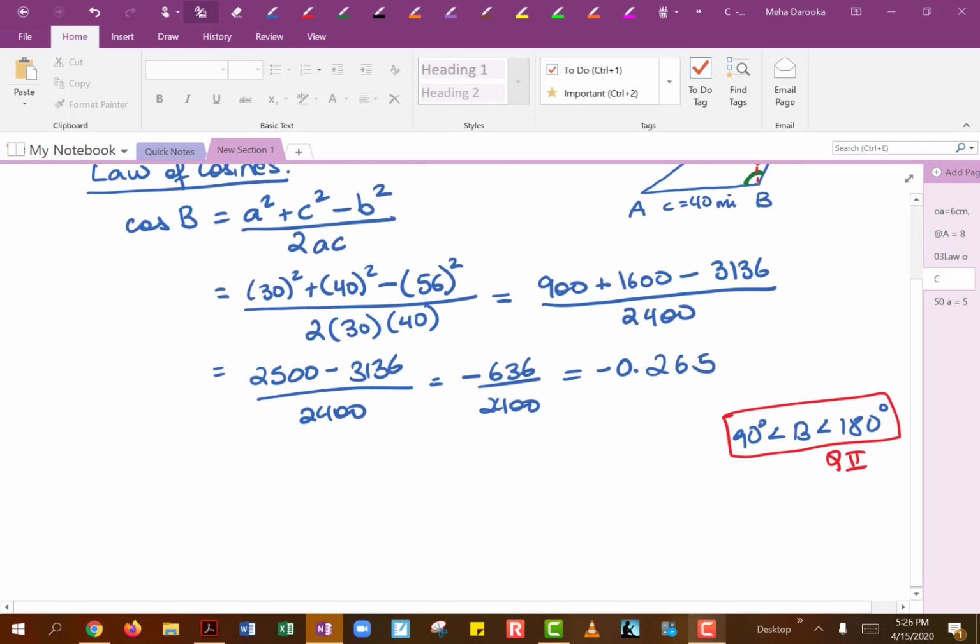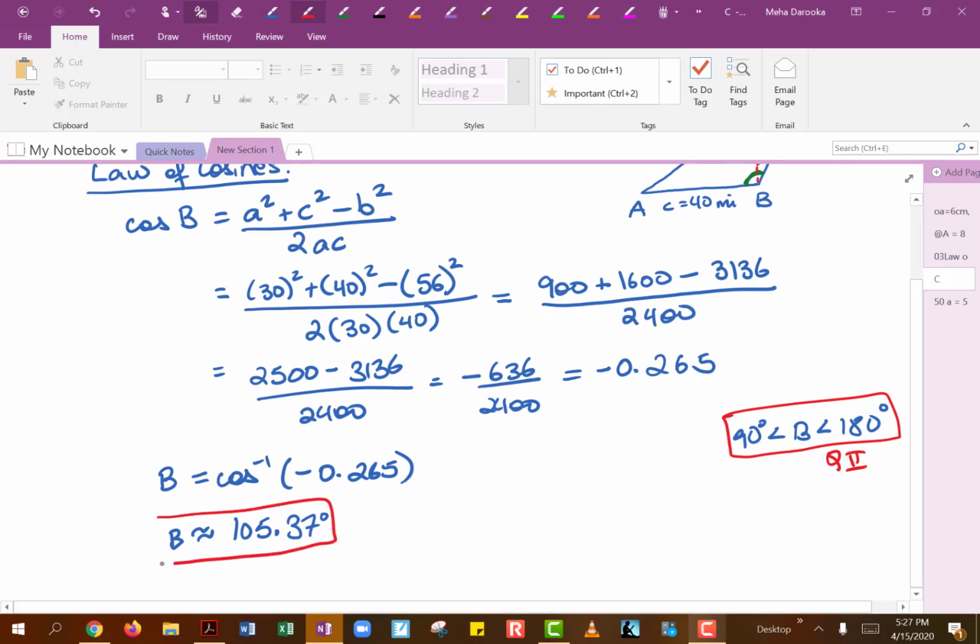Let's see what that comes out to be. Angle B will be cosine inverse of negative 0.265, and that comes out to be approximately 105.37 degrees.